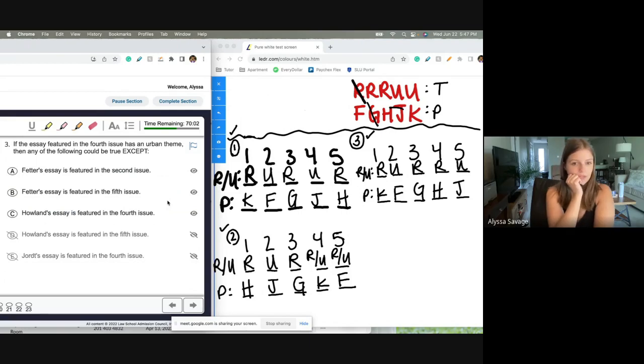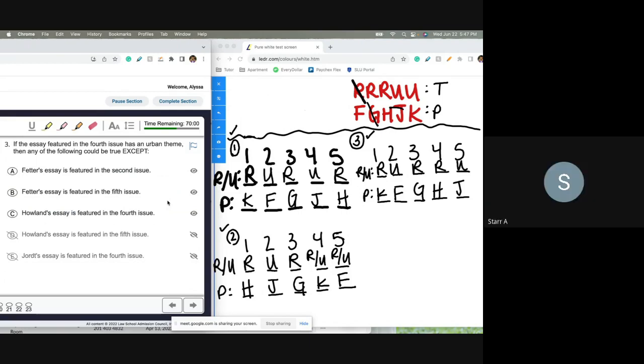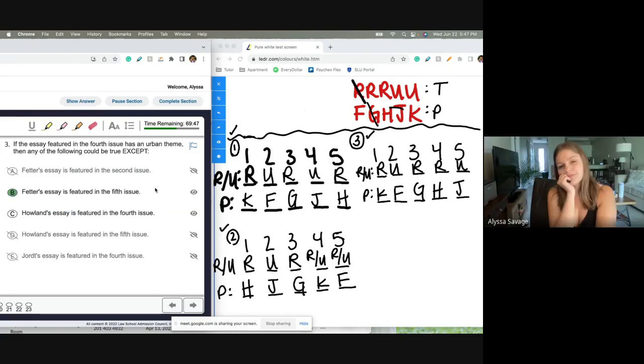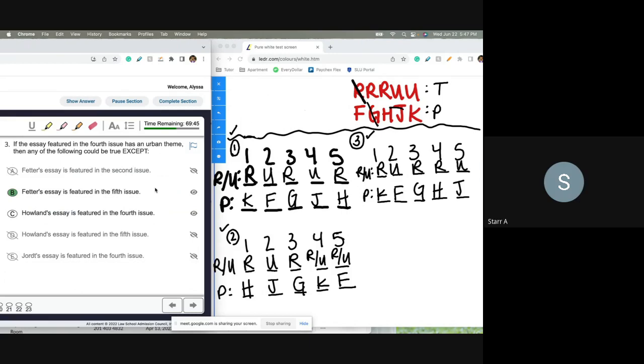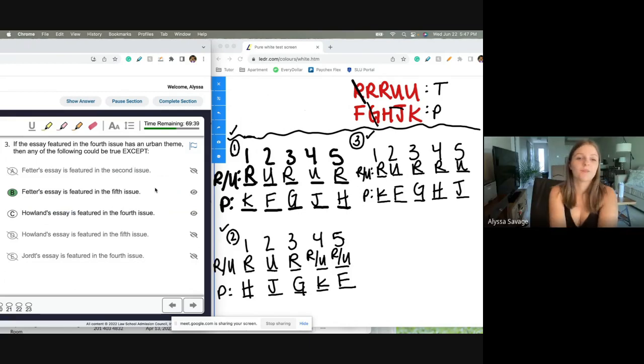And then about F, F can go in the second one in the first world, so that makes it wrong too.